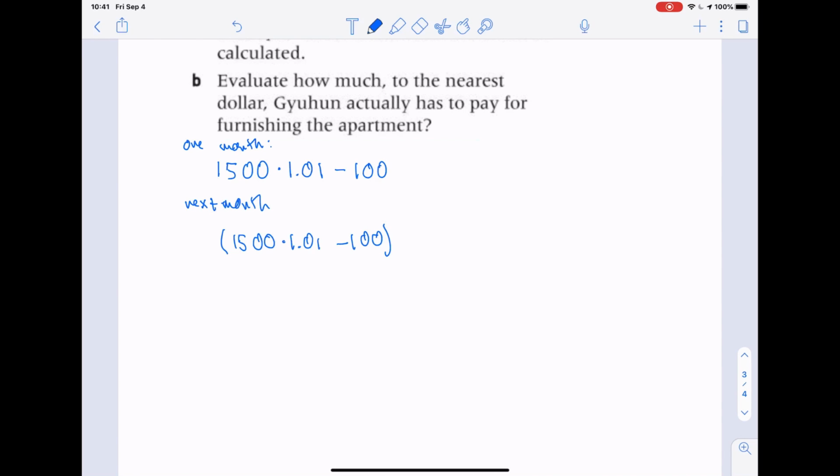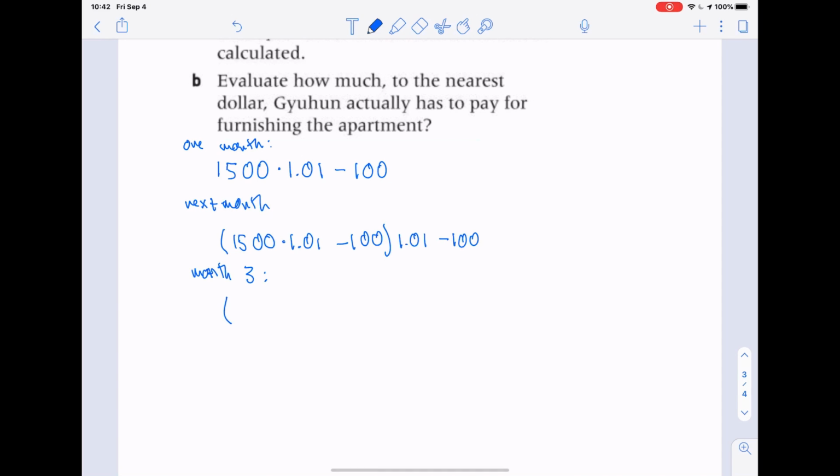So it was going to be that entire amount, which is what we were left, and then we were going to take that amount, multiply it by 1.01, and then we're going to subtract another 100. Okay? And so the month 3, it was going to be the same sort of thing.